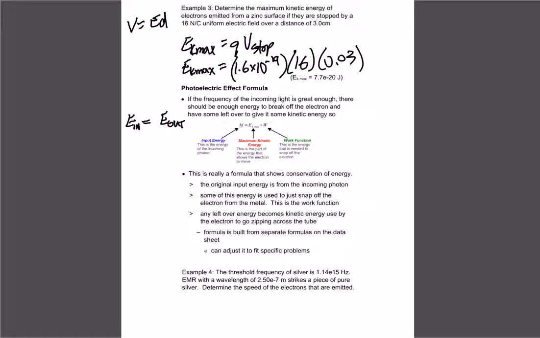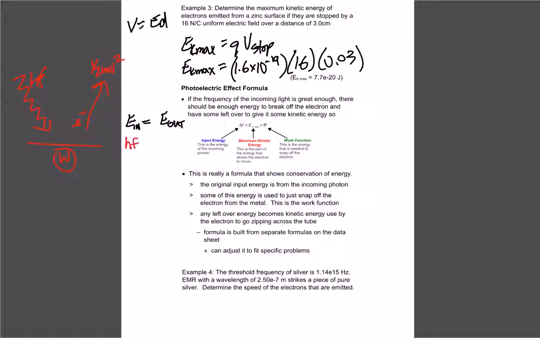So if we think of, let me kind of redraw this here, so we have some sort of light coming into a metal surface, so that energy will be hf, so E equals hf. Then we have the electron getting shot off, so that energy then would be 1/2 mv squared. But remember, there's also that work function that so much energy is going to be used to get that electron off the surface.